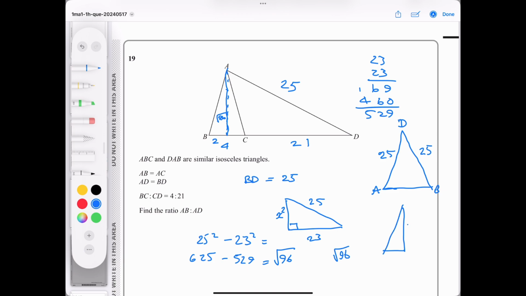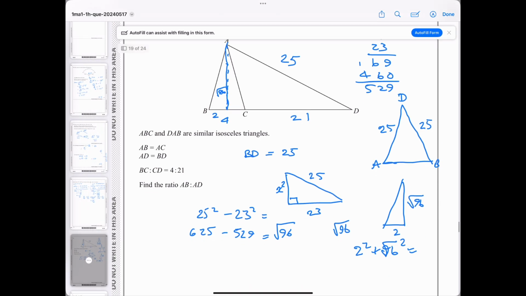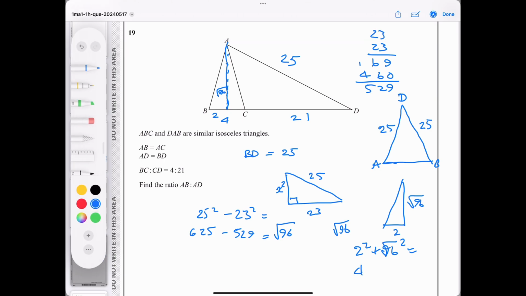I mean, I don't know if I'm meant to do this, which work. 2 squared plus root 96 squared equals, okay, it is slightly easier now, so it's 4 plus 96 equals 100, and square root it is 100, equals 10. So that means that equals 10.